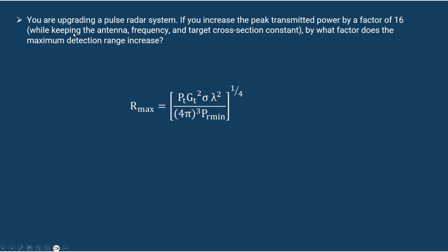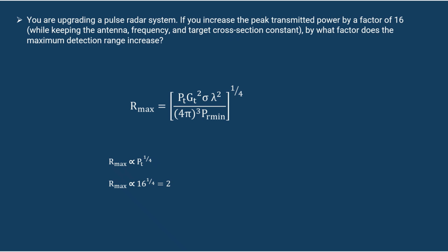If you are upgrading a pulse radar system and you increase the peak transmitted power by a factor of 16 while keeping all other factors constant, by what factor does the maximum detection range increase? Since R maximum is proportional to Pt raised to 1 by 4, R maximum will increase only by a factor of 2.